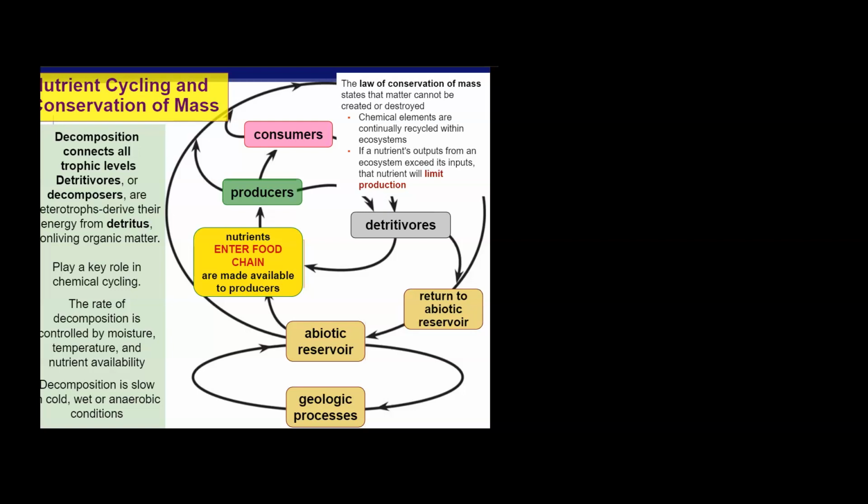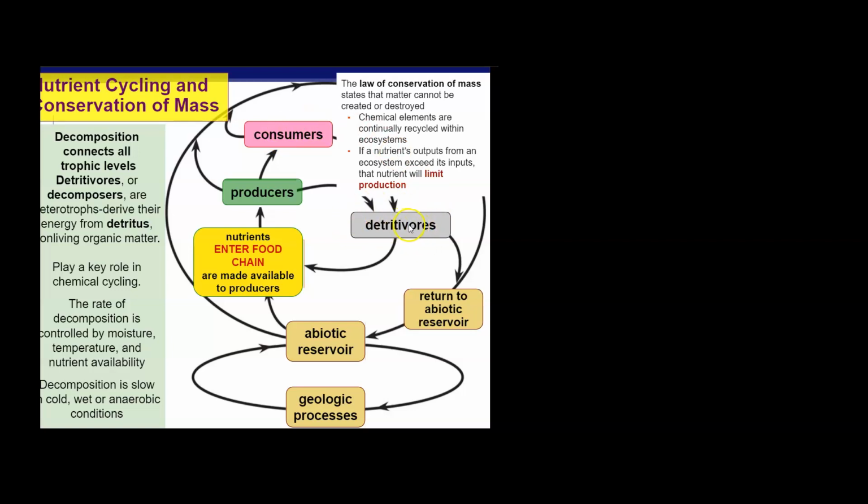So you can see here in this yellow box, nutrients are entering a food chain and made available to producers. And then the producers are able to then pass it on to whoever consumes them. And then we also have the role here of detritivores.